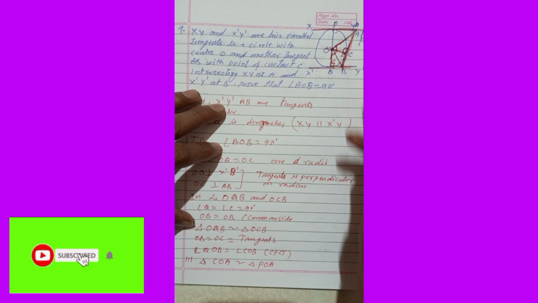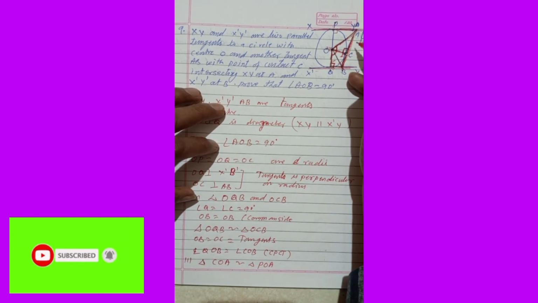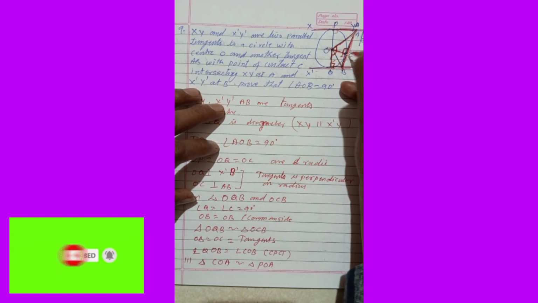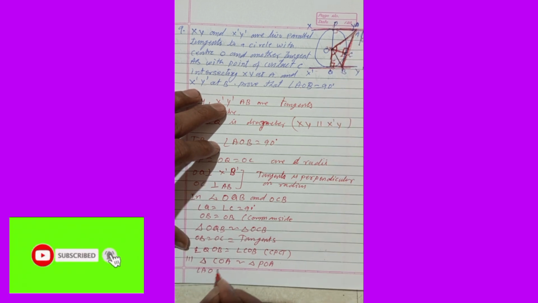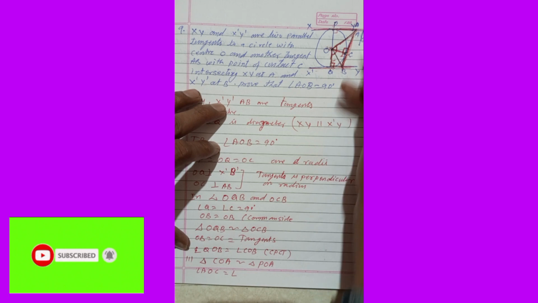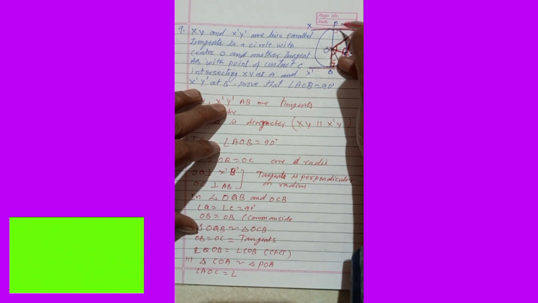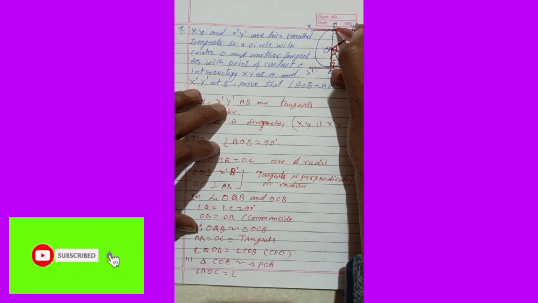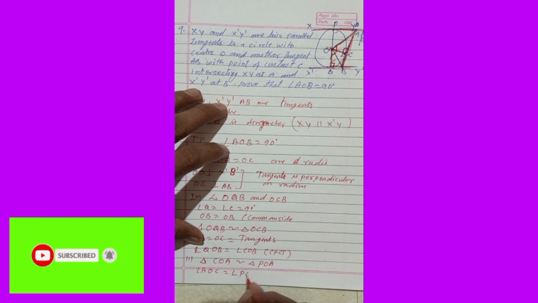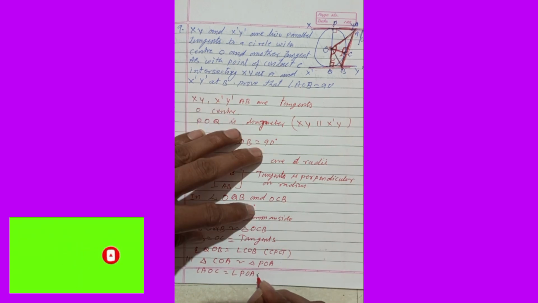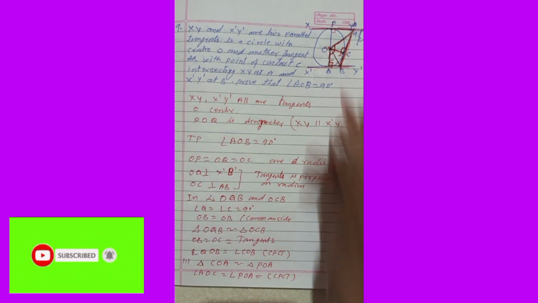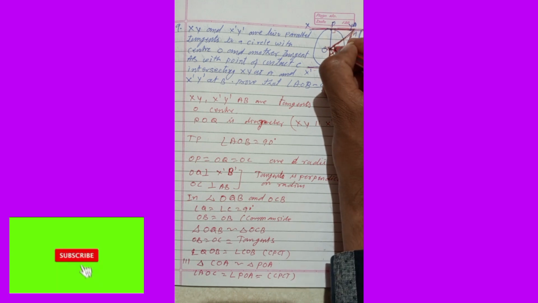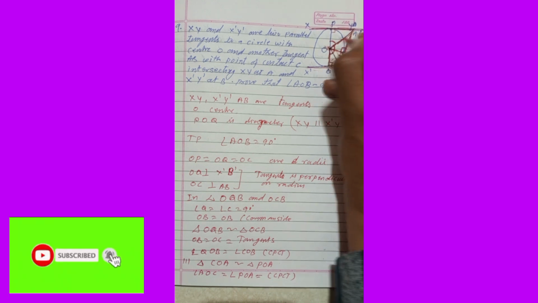So we can write angle AOC is equal to angle POA because of CPCT. These two triangles are equal, so this angle is equal to this angle is equal to this angle.